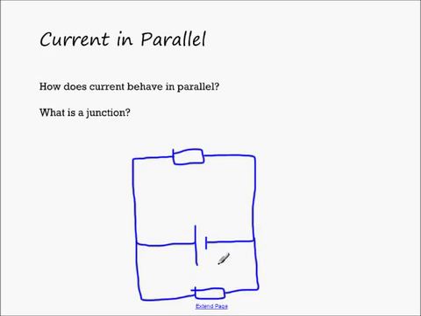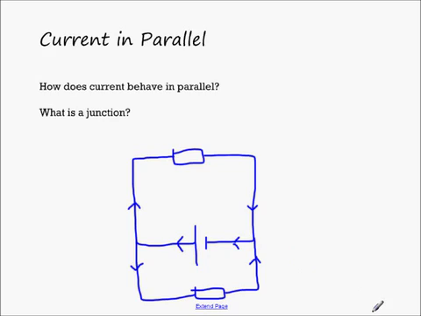Current is going to flow out of the cell this way, head this way and that way, and then come back in this way. The current is essentially driven by the battery, or the cell here, that is the EMF, which we'll get into soon, and as it gets to here, it's going to split at the junction.